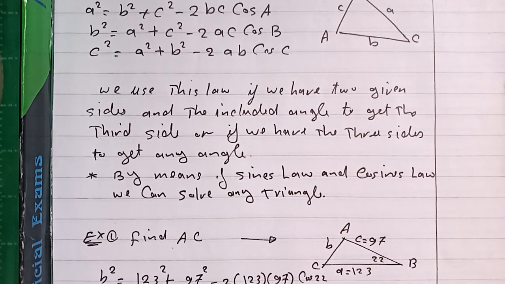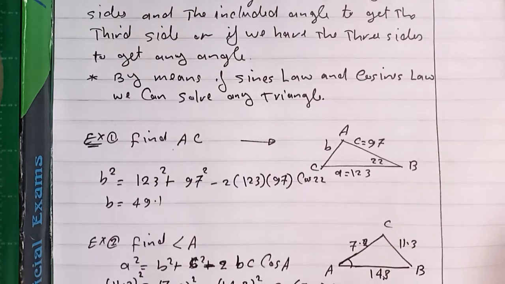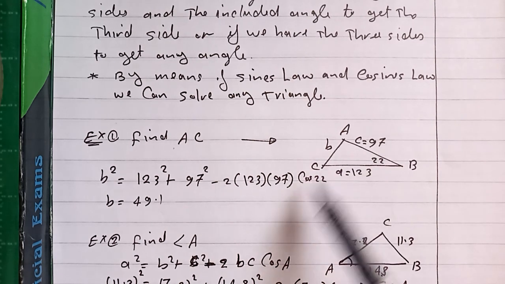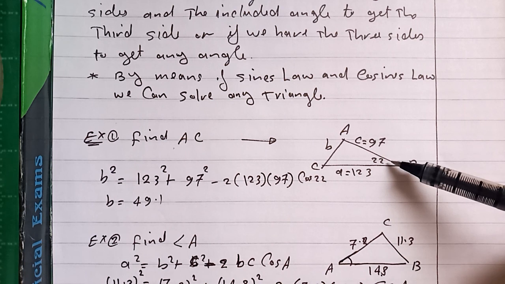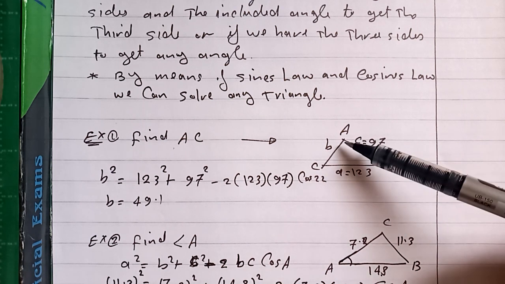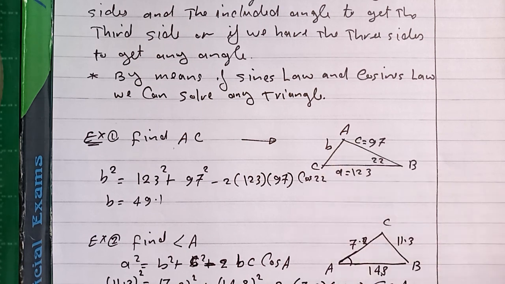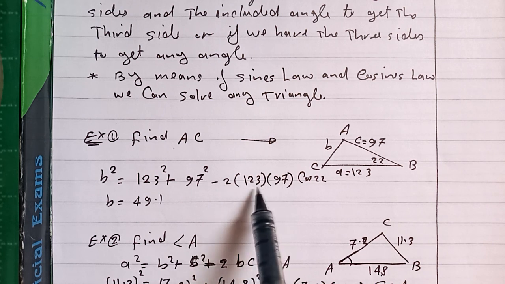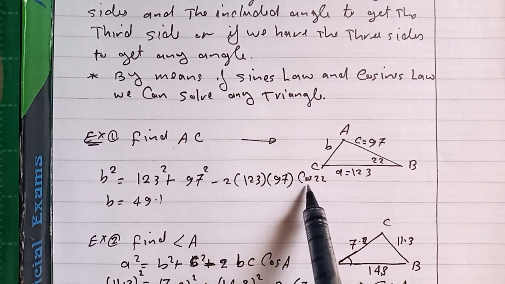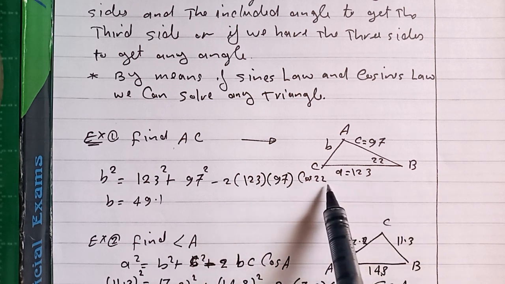Let's see example 1. In this triangle, we have two sides, C and A, and the angle included between them, and we want to get the side B. So we can say that B squared is equal to this side squared plus the other side squared minus 2 times the same two sides without squaring, times cosine of the angle between them.